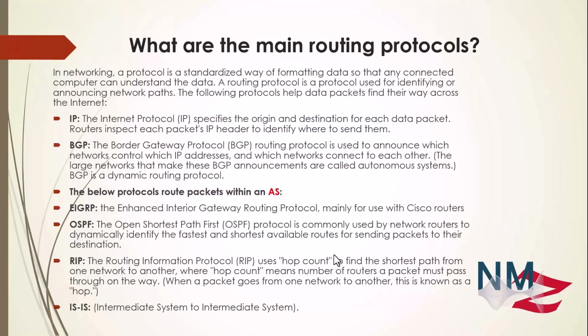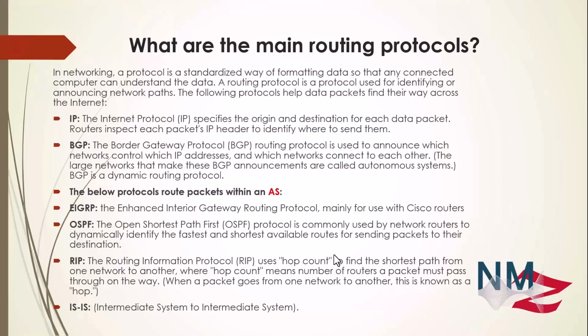And the second one is BGP, the Border Gateway Protocol, and BGP is a little bit complex because it works outside of an AS, the autonomous system. And what is an autonomous system? An autonomous system is one or more networks, and it has its own border, and BGP is responsible for controlling the IP addresses getting out from or into the autonomous system.